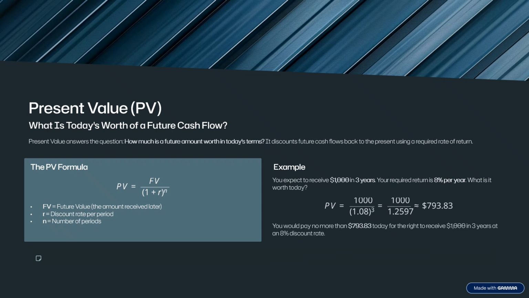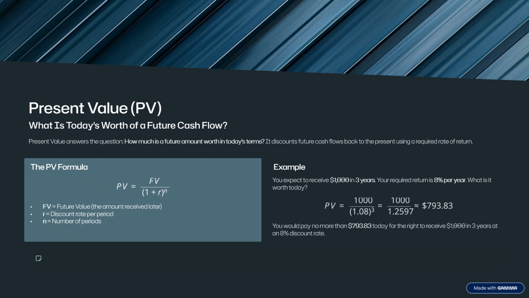Now this is the most important part: what does this number actually mean? What is it telling us? It means if someone offers you $1000 after 3 years, you should not be willing to pay more than $793.83.